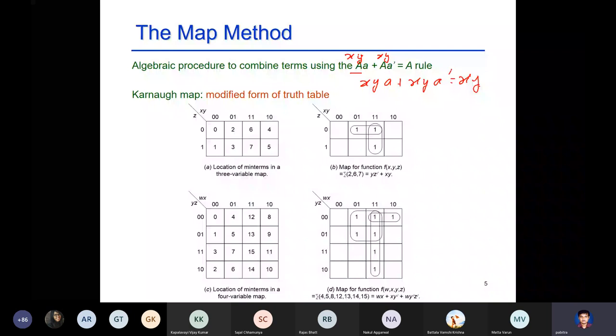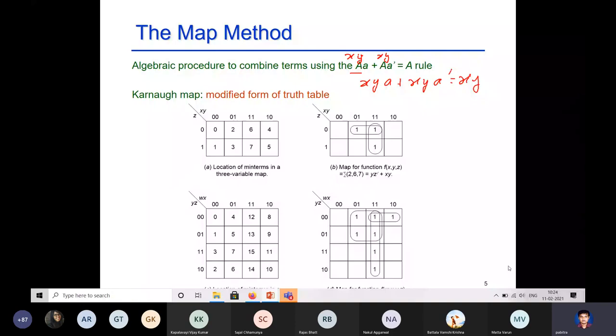Note one thing, that if you look at two adjacent cells in the Karnaugh map in any direction, they differ in terms of just one literal. If you look at the first term 0 and the 2 term, you see they differ only in the y variable. The y variable is complemented in the first and not complemented in the second.